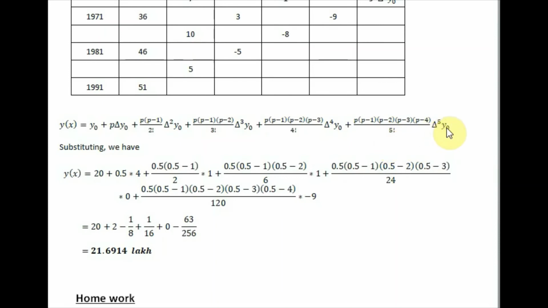We have terms up to delta raised to 5 y0. Then we substitute all the values: y0 equal to 20, p equal to 0.5, delta y0 equal to 4, delta square y0 equal to 1, delta cube y0 equal to 1, delta raised to 4 y0 equal to 0, and delta raised to 5 y0 equal to minus 9.